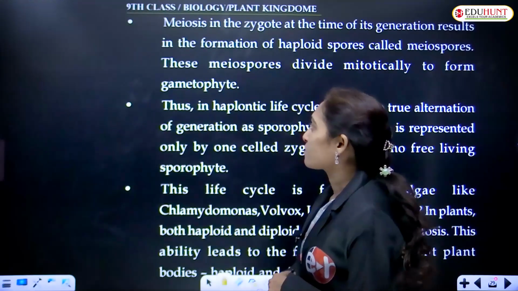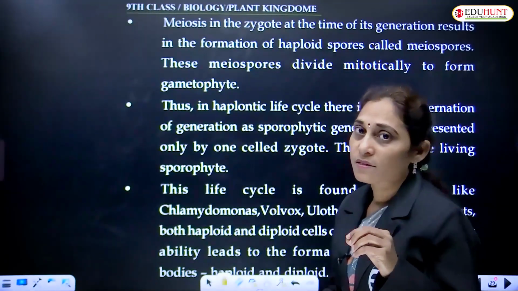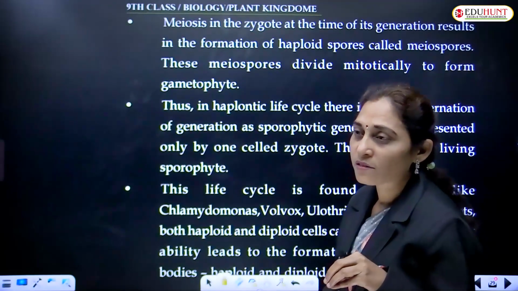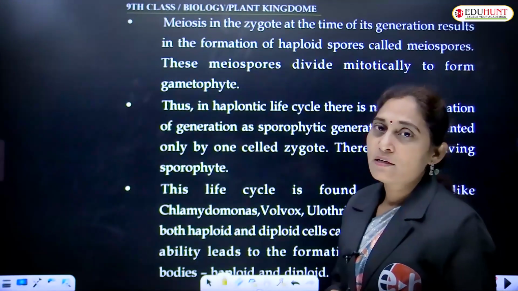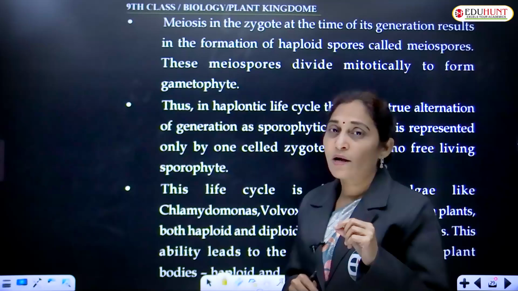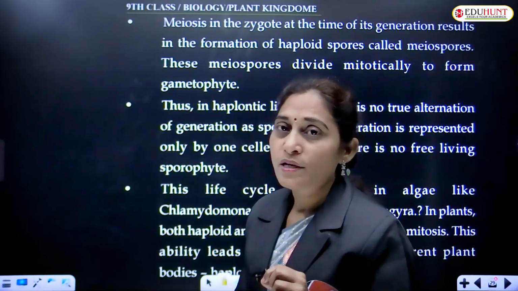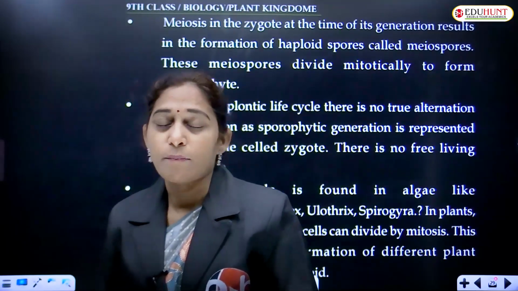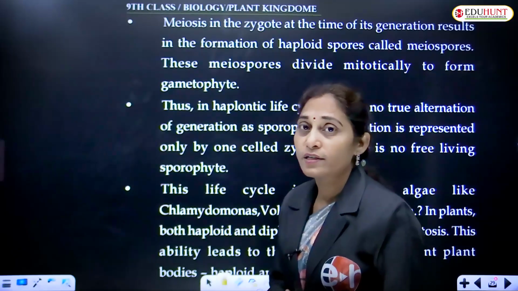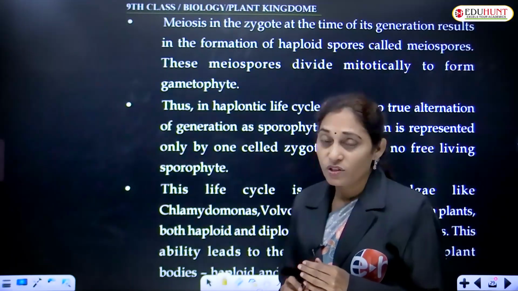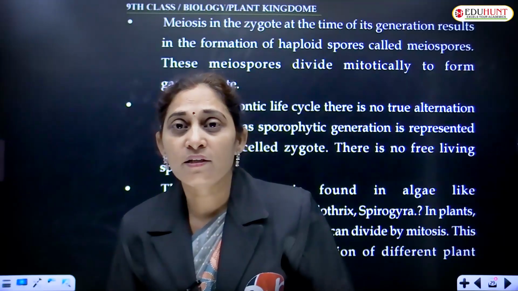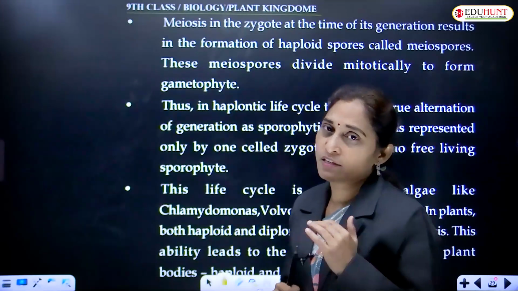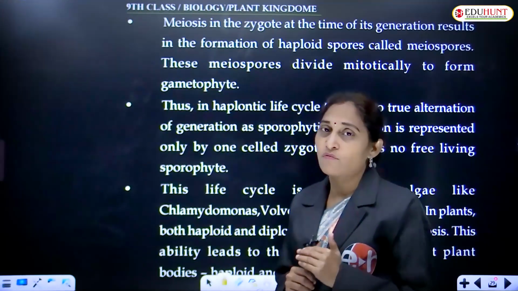But in some plants, the primitive plants, the haploid phase is the dominant phase in the life cycle. The haploid phase is called the gametophytic phase. We have seen that kind of dominating phase in bryophytes, even in algae and fungi.